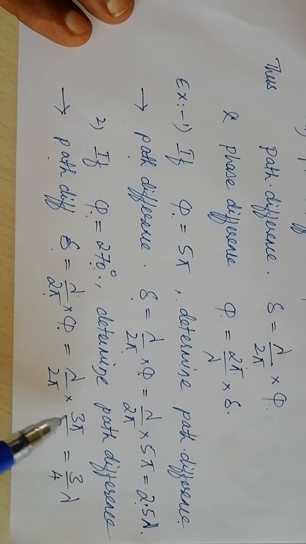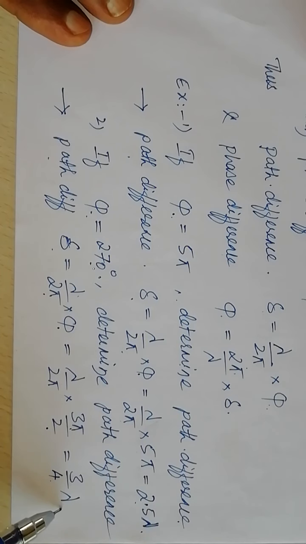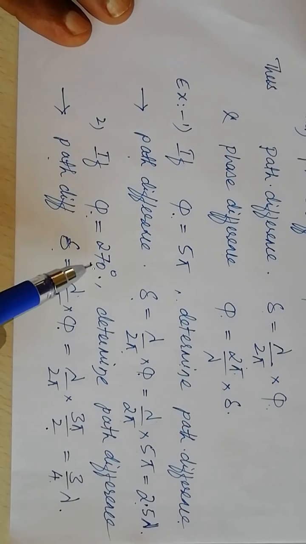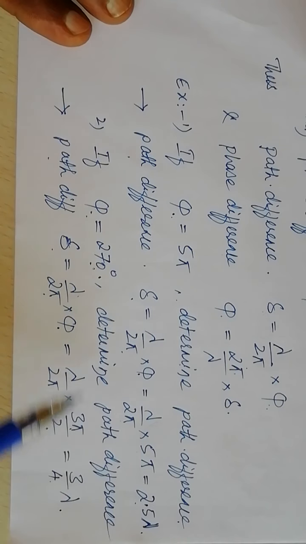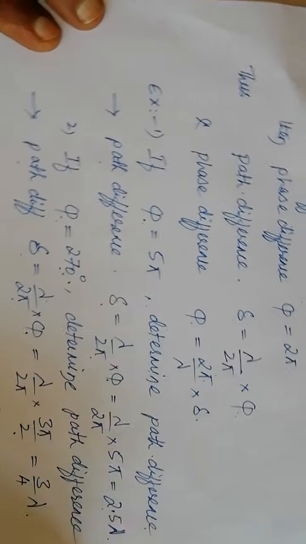Lambda by 2 pi into 3 pi by 2, you will get 3 by 4 lambda or 0.75 lambda. So 270 degrees is 3 pi by 2 radian. In terms of path difference, it is 3/4 of lambda.